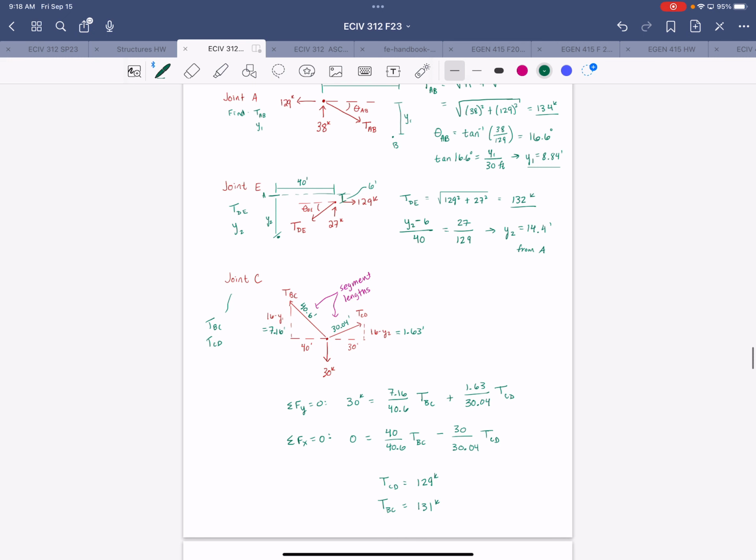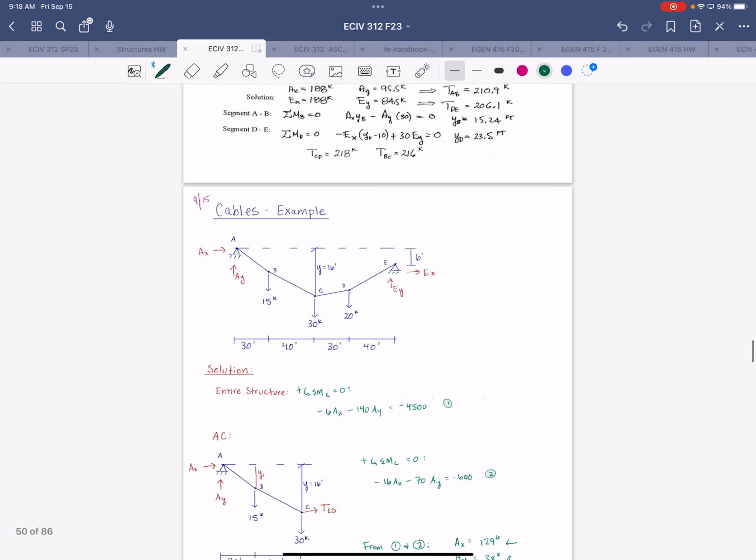All right, so as a quick gut check, TCD came out to be 129 kips. That's the same magnitude as the horizontal reactions, same magnitude as the horizontal components in each cable segment. But TCD is not perfectly horizontal, right? So in reality, this is rounded slightly. It's probably 129 plus a small fraction, okay?